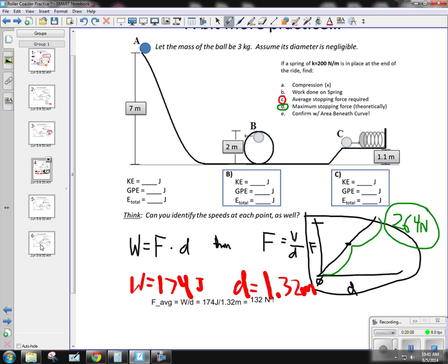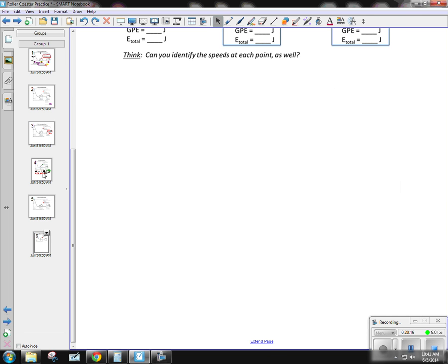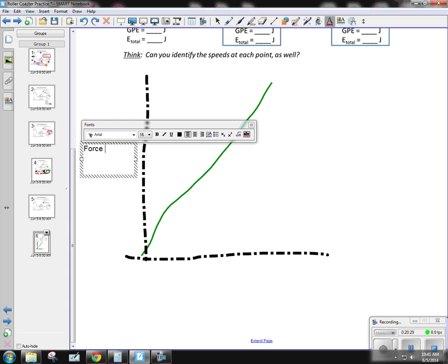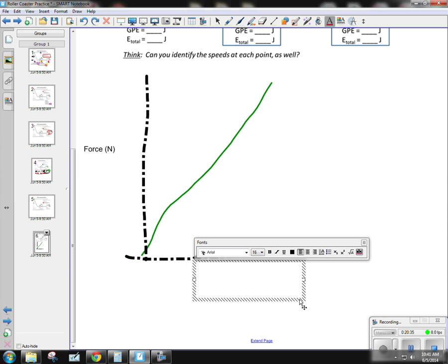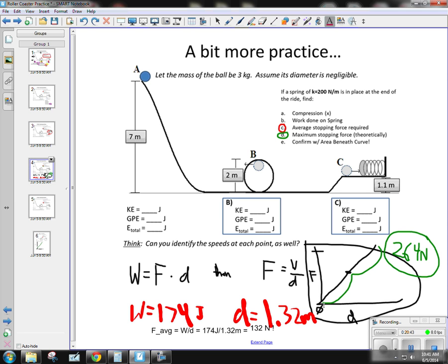Now, if we wanted to look at area beneath the curve, let me extend this. Let's draw that graph out one more time. So there's our force. It's not a pretty graph, but it'll do. Force in newtons. The compression or displacement in meters. From before, we found that it went from 0 to 264 newtons.